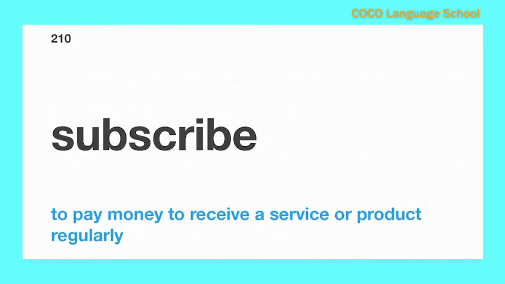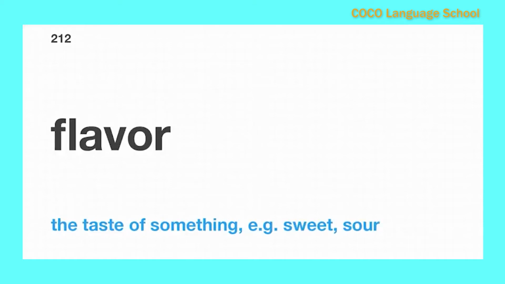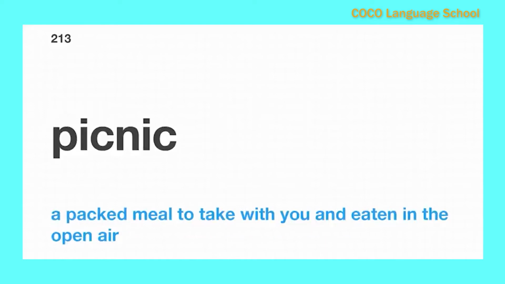Similar, almost the same. Alike. The taste of something, for example sweet, sour. Flavor. A packed meal to take with you and eaten in the open air. Picnic.